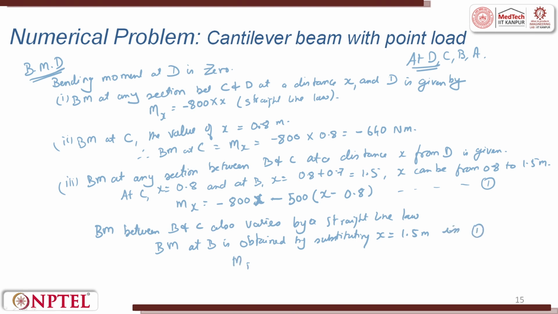So, MB is equal to minus 800 into 1.5 minus 500 into 1.5 minus 0.8, which is nothing but minus 1550 Newton meter. Okay. So, now we have calculated up to B.